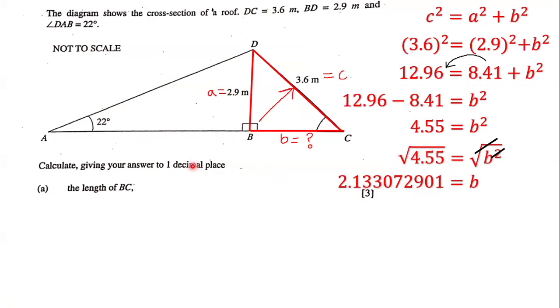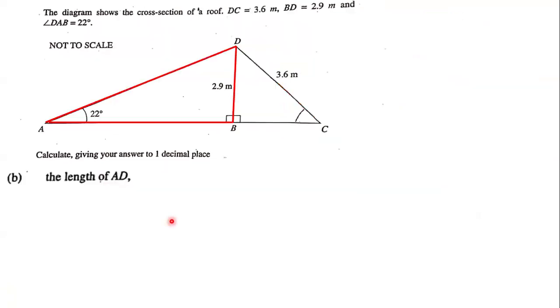But the question says they want our answer to be correct to 1 decimal place. And if you look carefully, you see that this is 3. Once we have a number less than 5, we do not round up. And so all we have here is just 2.1. So B is equal to 2.1. And that means that the length of BC is going to be 2.1 meters. And that's the answer for this question.